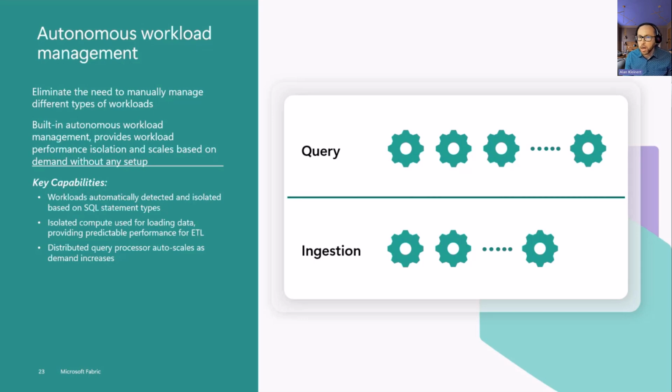So the first one is autonomous workload, right? It'll actually detect whether your T-SQL is a query or if it's doing some sort of ingestion, like a stored procedure, and it'll bucketize those workloads and allocate different compute that corresponds to the need. So you don't necessarily have an ingestion that's taking up so much CU. You can say, well, this ETL takes a long time, and it's going to bucket here and give it a limited amount of resources to go do that ingestion versus a query where we really want performance.